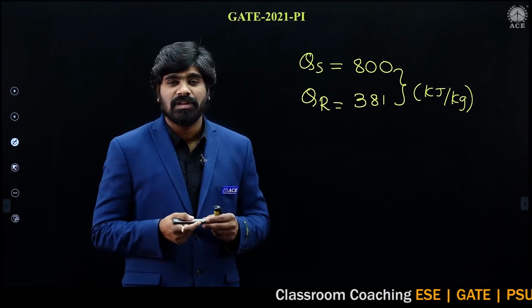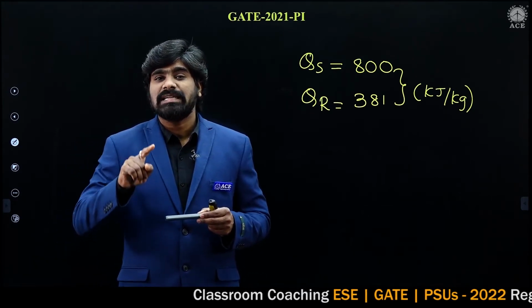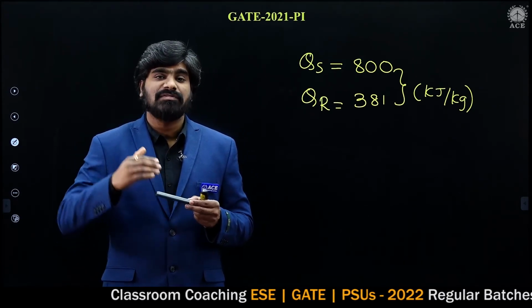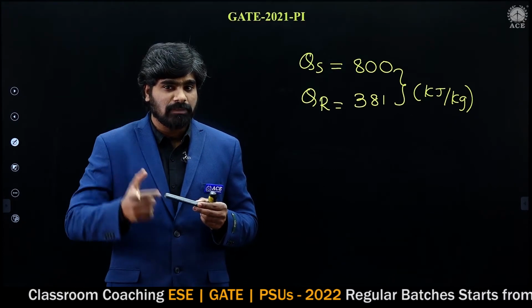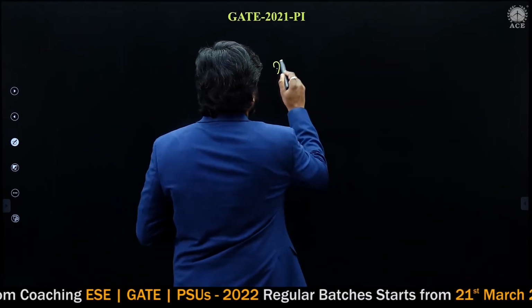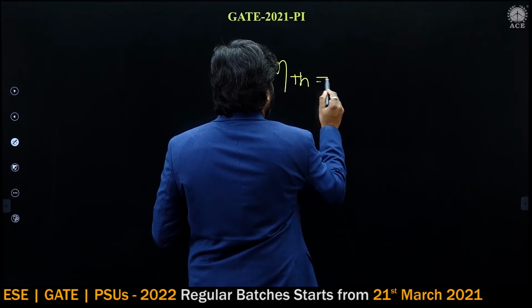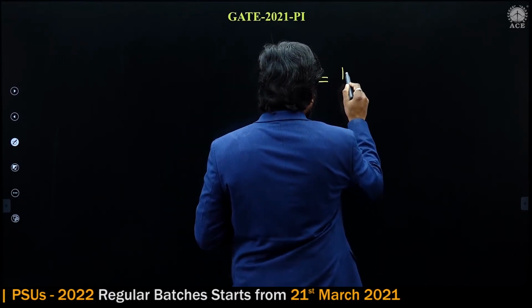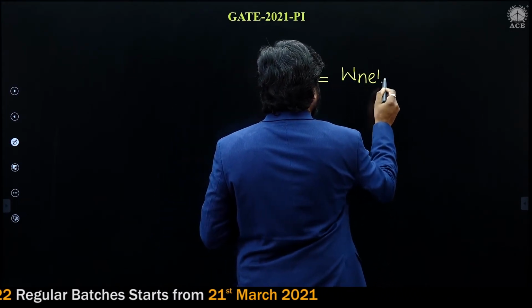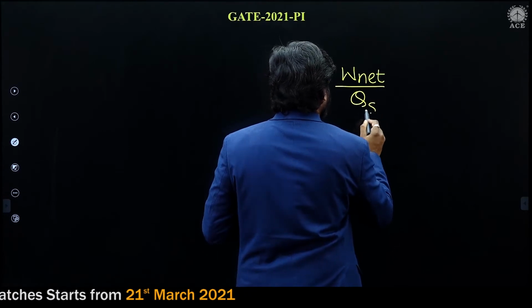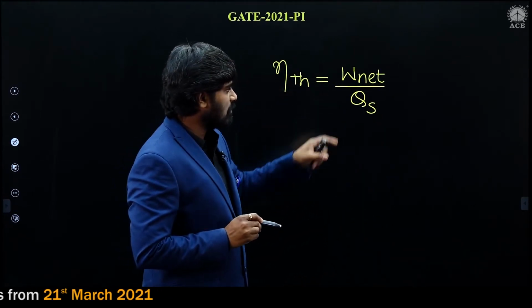But generally we know very well what thermal efficiency is: 1 minus heat rejection by heat supply. Thermal efficiency is output by input. Output is W net, so efficiency is W net by heat supply. What is W net?